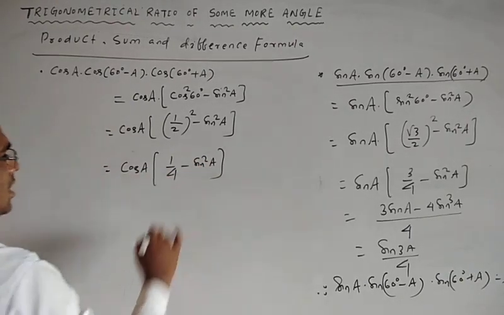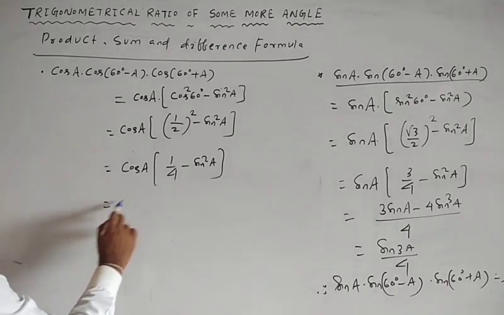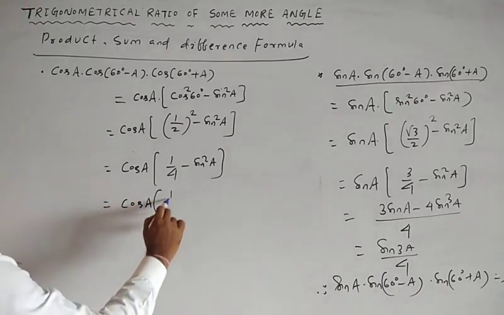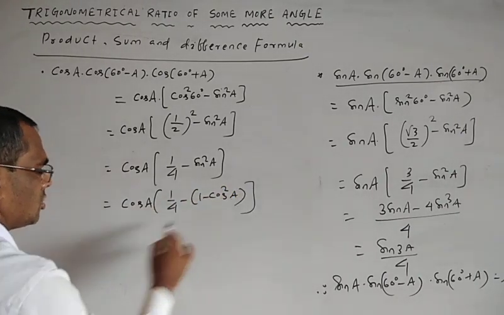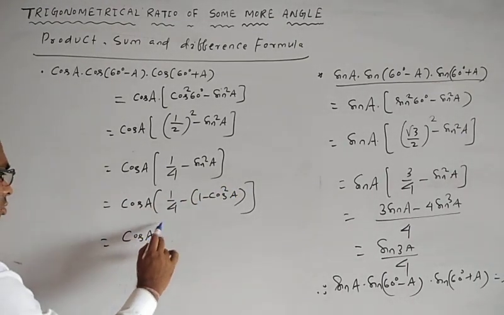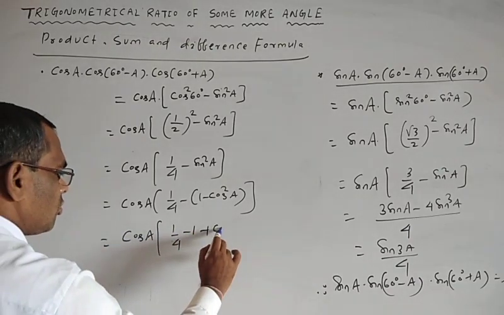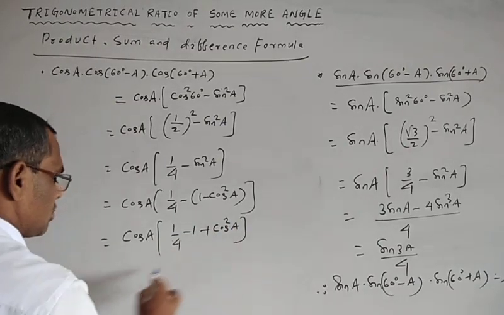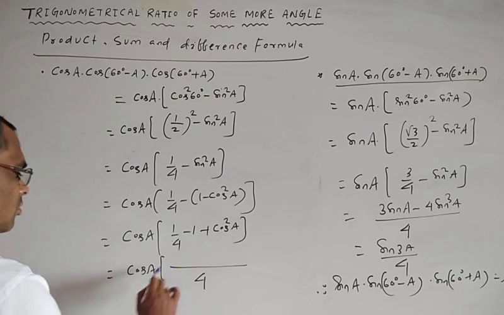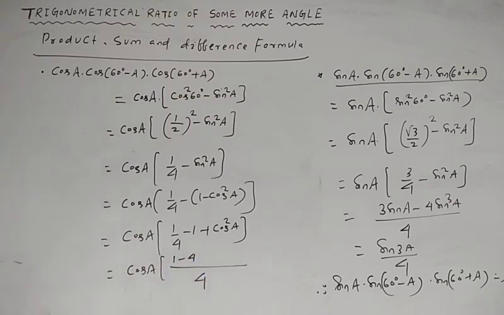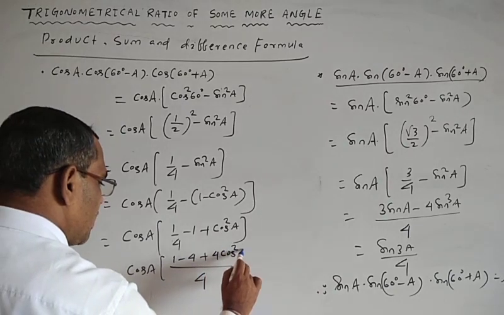Okay, but sin square A is equal to what? 1 minus cos square A. So this is equal to cos A into 1 by 4 minus 1 minus cos square A. So this is equal to cos A into 1 by 4 minus 1 plus cos square A. So take LCM 4, this is equal to cos A into 1 minus 4 plus 4 cos square A by 4.